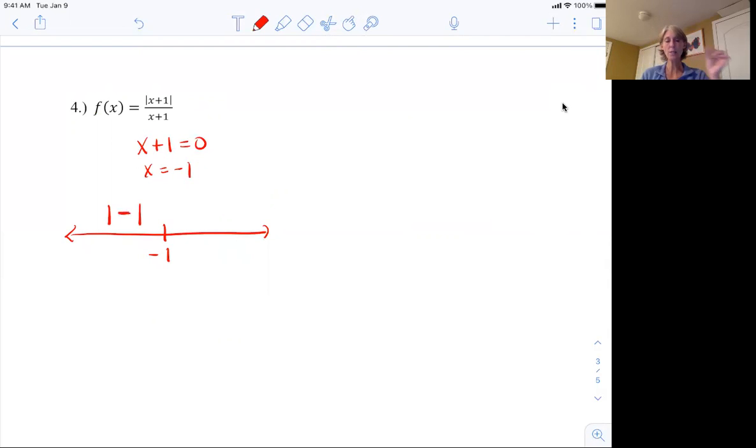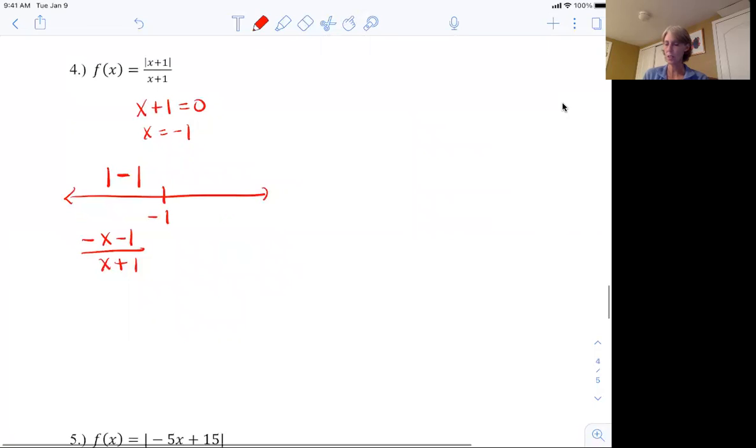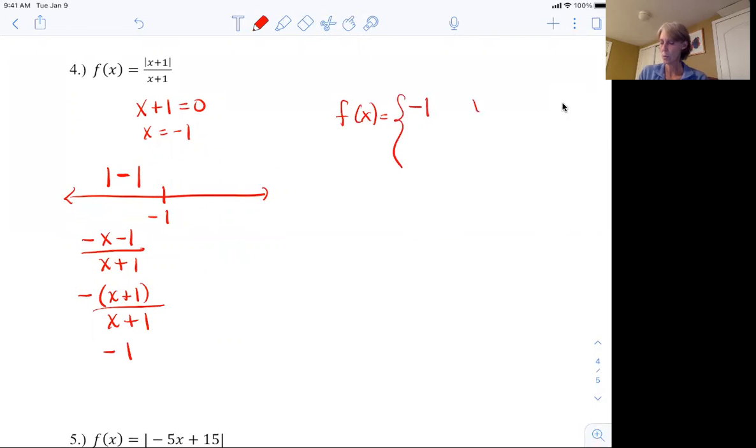So if I was going to rewrite this function without absolute value signs, it would be negative x minus 1 over x plus 1. And this is hard to see, but if you factor out that negative, you actually wind up getting negative 1. So I'm writing this function, negative 1 when x is less than negative 1.